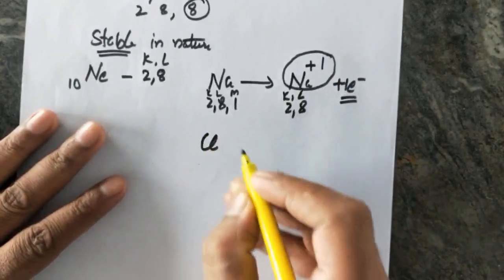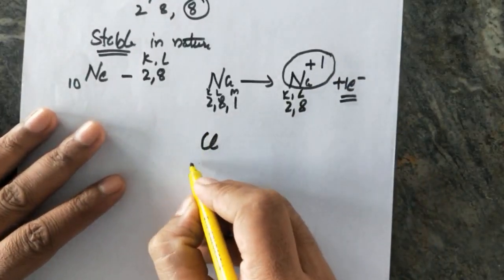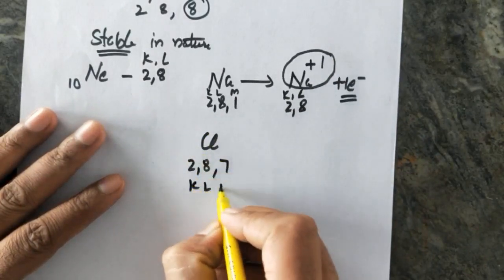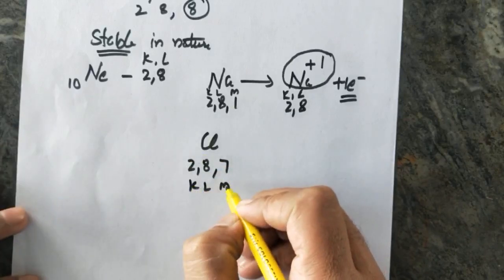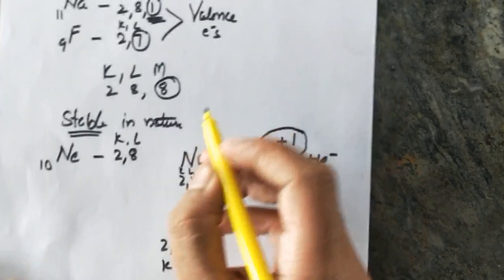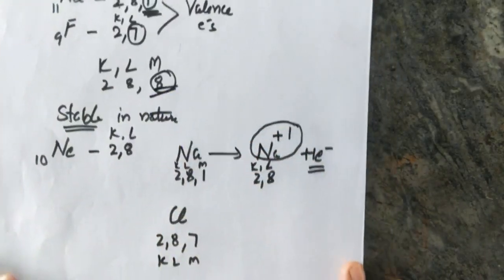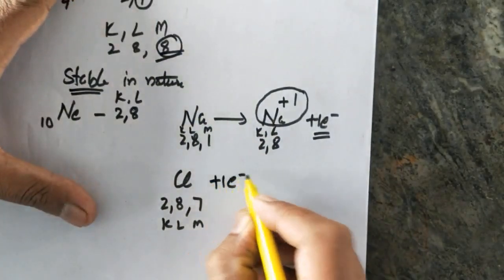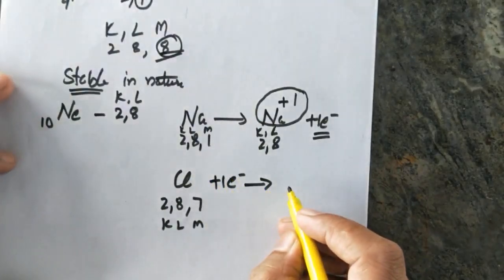Similarly for chlorine, the configuration is 2, 8, 7. That means in the last shell it contains 7 electrons, and we know that for the M shell the maximum is 8 electrons. Just by gaining 1 electron it can attain stability and complete its octet.